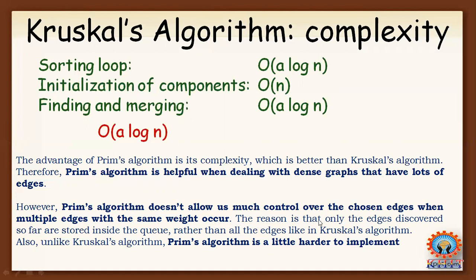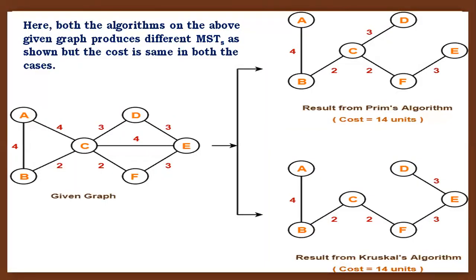The reason is that only the edges discovered so far are sorted inside the queue, rather than all the edges as in Kruskal's algorithm. So Prim's algorithm is a little bit harder to implement compared to Kruskal's algorithm if the given graph has many edges of the same equal weights.